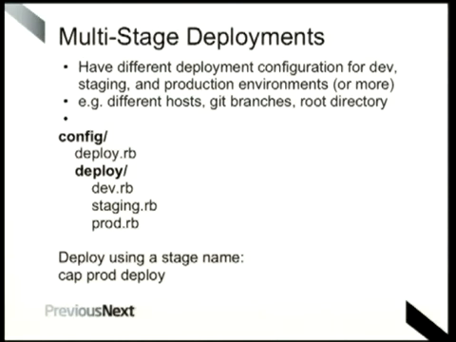You can set up a separate configuration for each of those environments, and all it does is take the file name and say, okay, that's an environment under this directory structure. So you create a new deploy directory, create an .rb file, and then put the specific differences in those files.